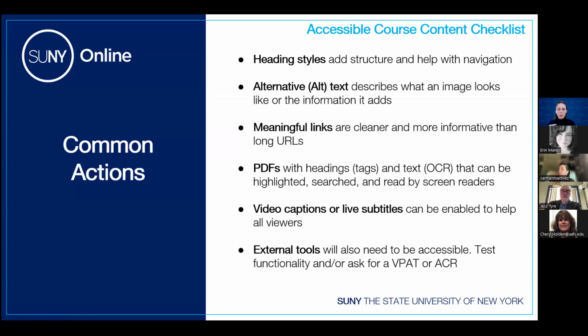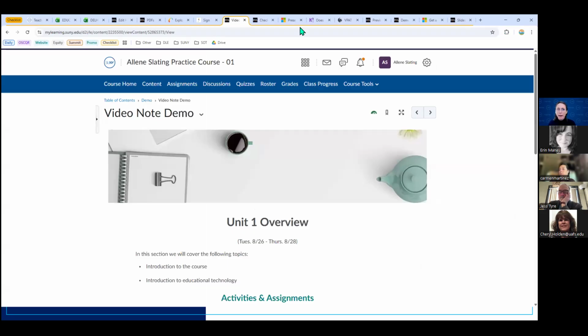And these are both documents that describe how well a particular tool or product meets accessibility standards. Now, the VPAT is voluntary product accessibility template. So not all of them may have it or be available readily on the website. You might have to ask for it.